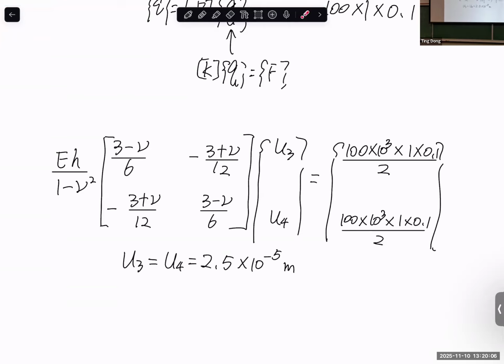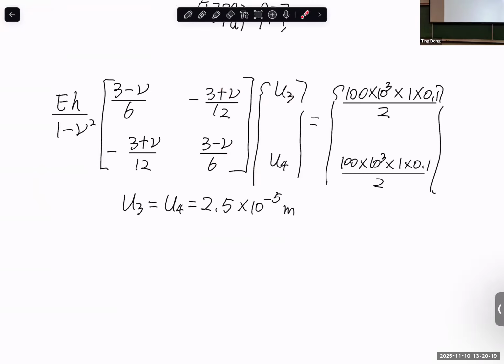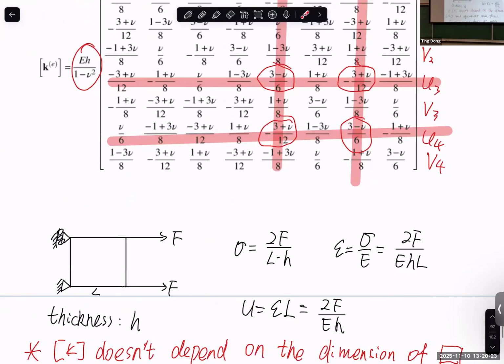Sorry, I should say that everything here you convert to Newton and meter, and when you calculate displacement it is in meters, and when you calculate strain, there's no unit. When you calculate stress, it should be Pascal. Now for the strain calculation, let's use the B matrix we derived.